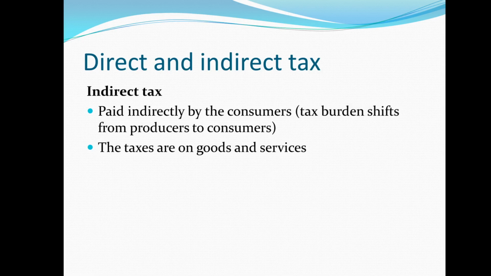You can shift the burden to the consumers by raising the price. And the taxes are, look, for goods and services. So what you have learned in microeconomics when we talk about indirect tax, that's the one.